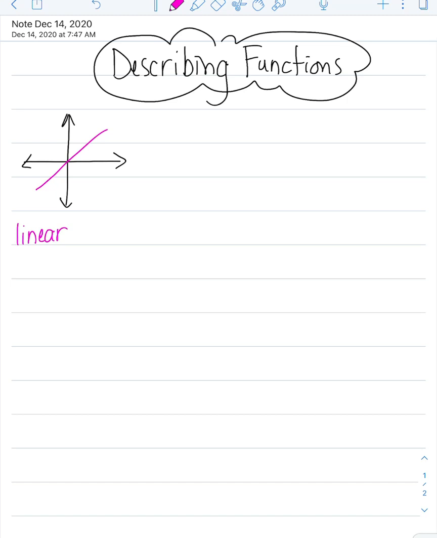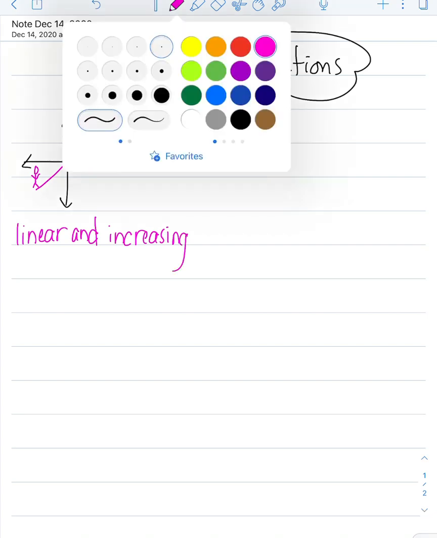And when we talked about slope, we talked about it could be increasing or decreasing. Well, if this line goes up, imagine there's a little man on it. He's walking up the mountain or up the graph. That means this is increasing. So this graph or this function is linear and increasing.